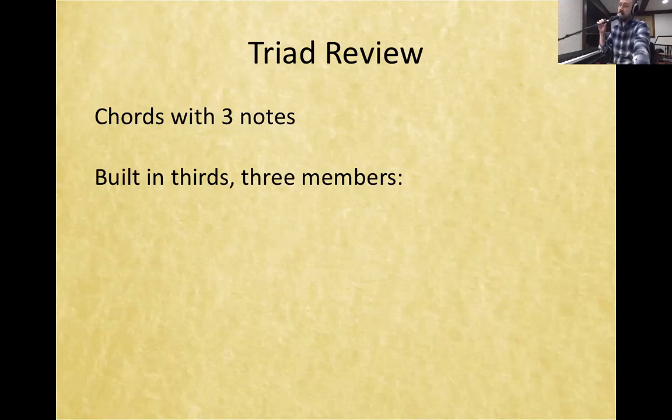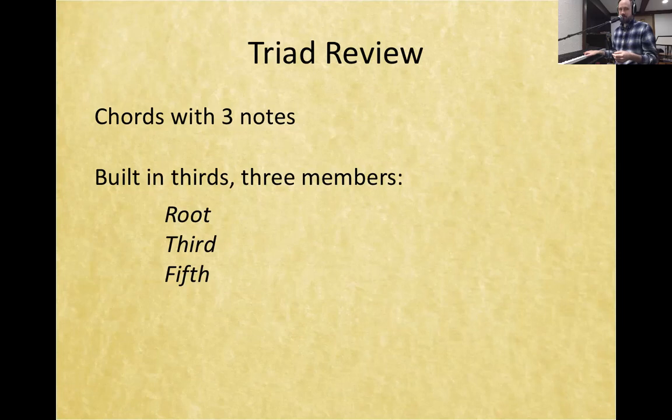And we know that we care so much about that thirds construction that we talk really specifically about the different members of each chord. We've got the root, the third, and the fifth. Of course, the root brings definition to it. The root is the guiding point where everything else relates back. The third is there for color, right? So differentiating between major and minor is all from that third.